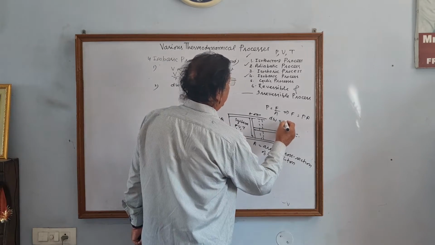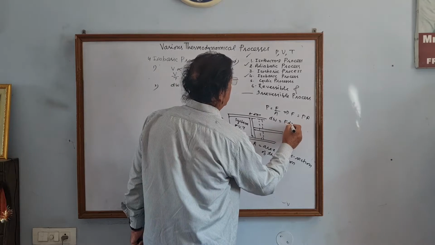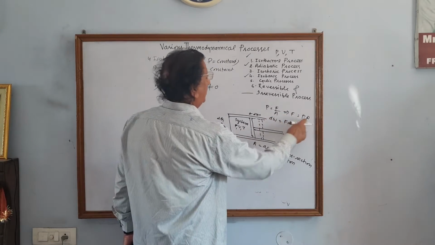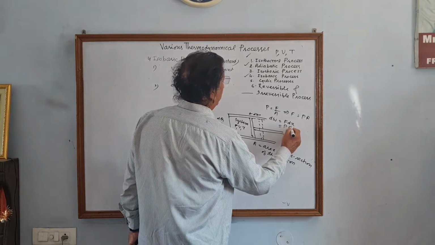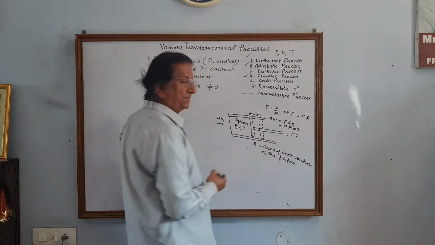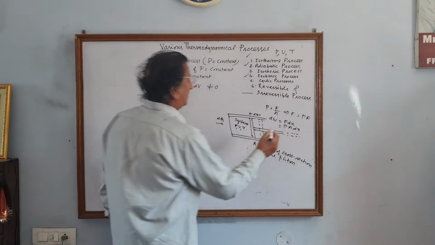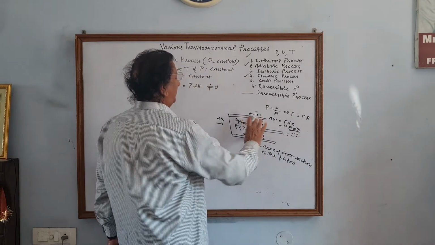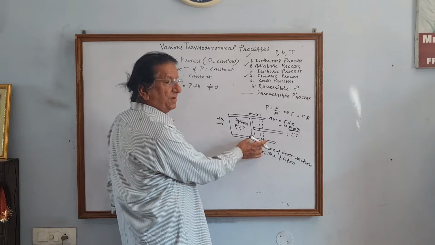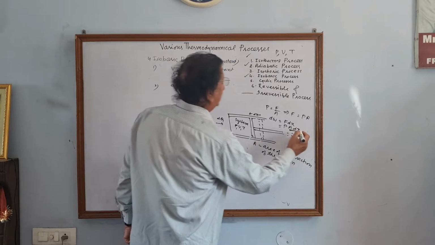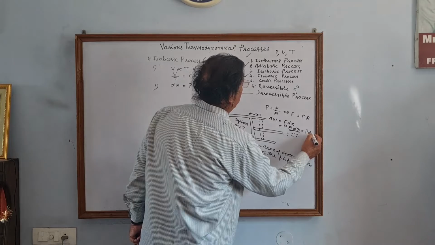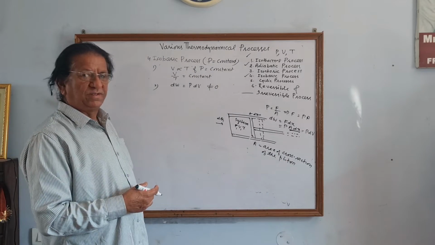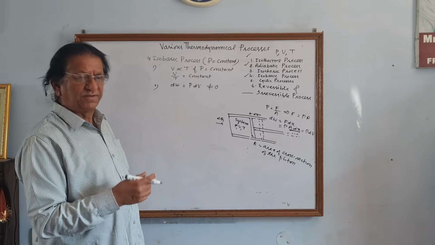Work done is force into displacement. Force is pressure into area, and displacement is dx. But this cross-section area into this displacement dx is the change in volume. A into dx is the change in volume, the increase in volume, expansion.